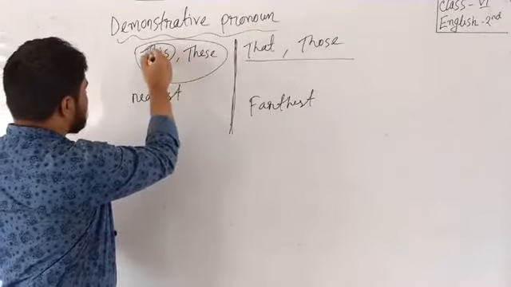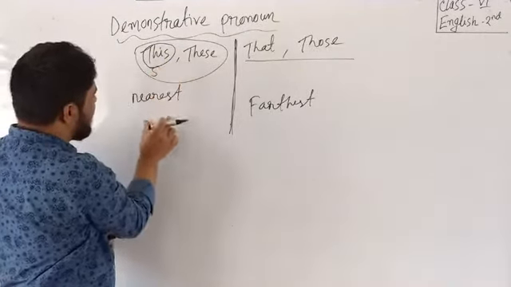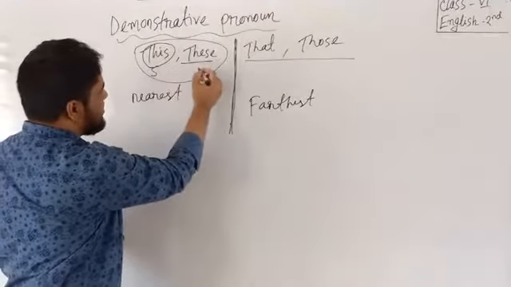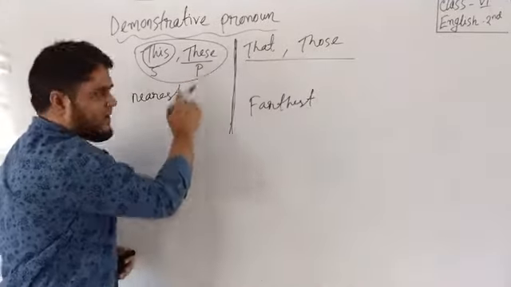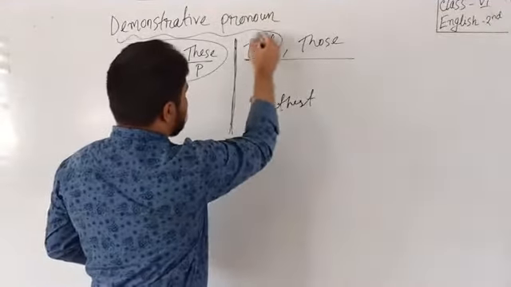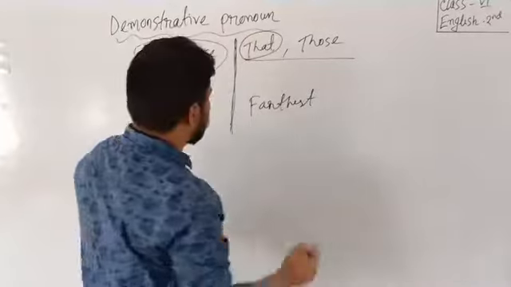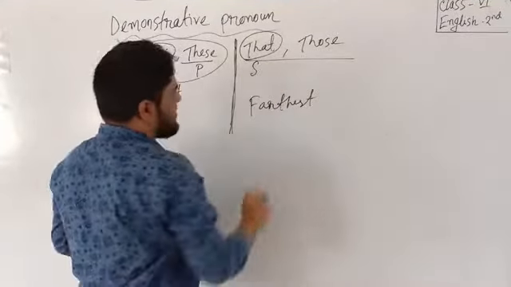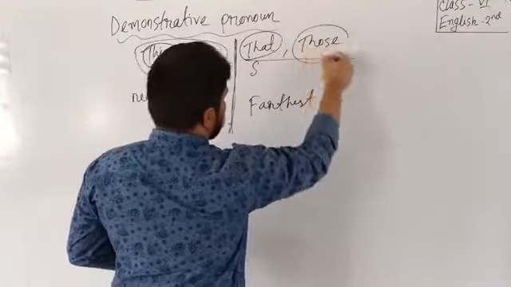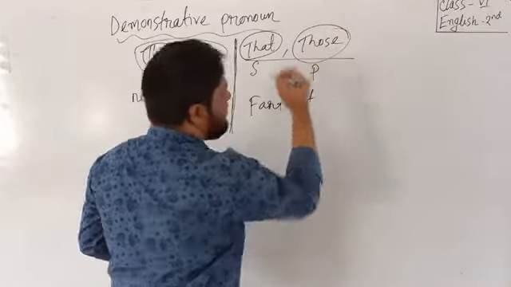This is singular, that means nearest singular, and these is plural, nearest plural. And again, that always indicates farthest singular, and those is for farthest plural.